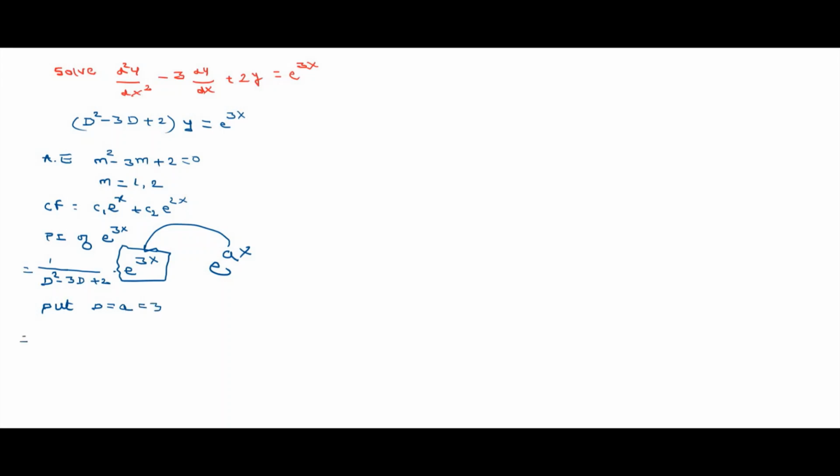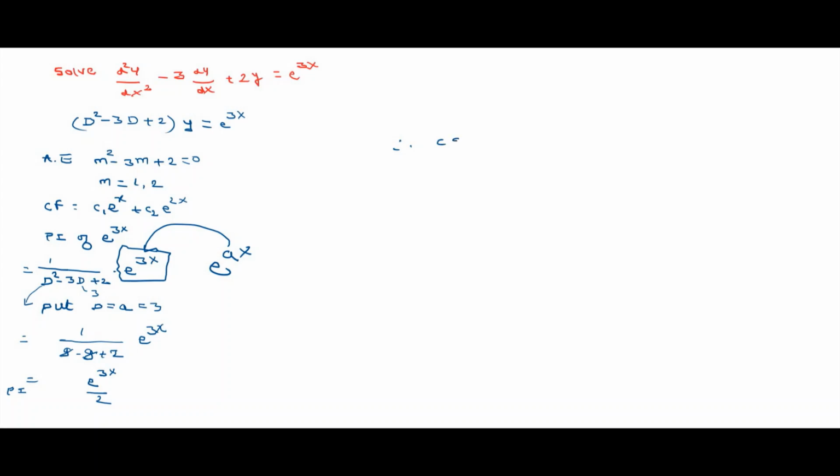So this is equal to 1 divided by d square, which is 3 square, that is 9, minus 3 into 3, that is minus 9, plus 2, into e raised to 3x. In total, the plus 9 and minus 9 cancel, giving e raised to 3x divided by 2. This is the particular integral.